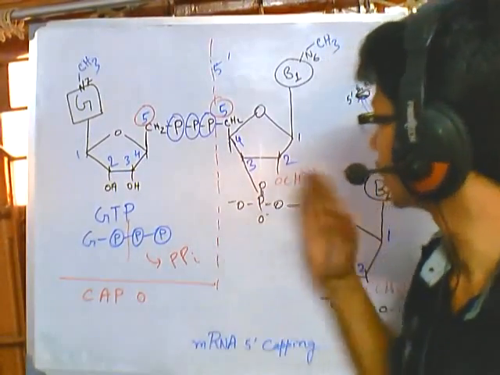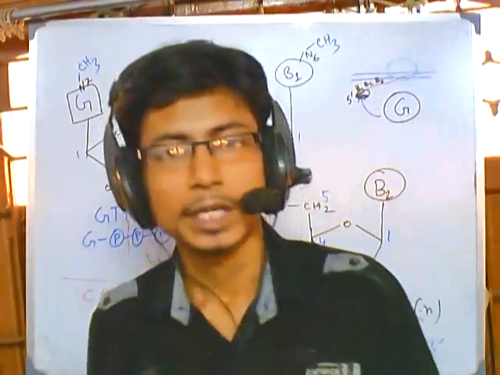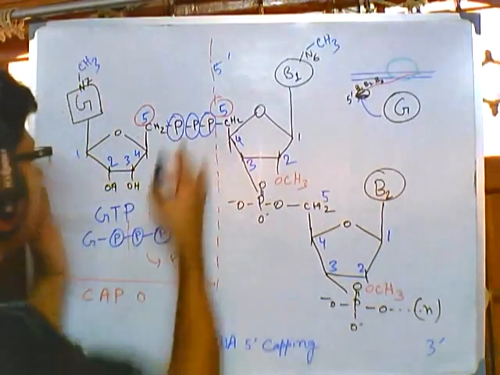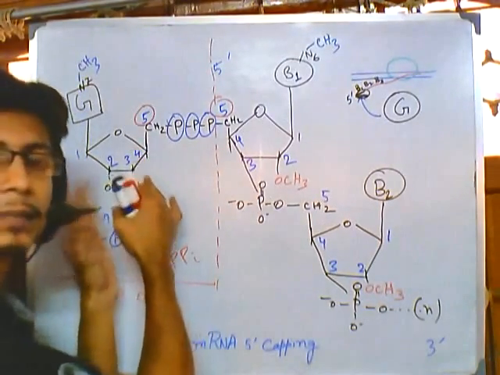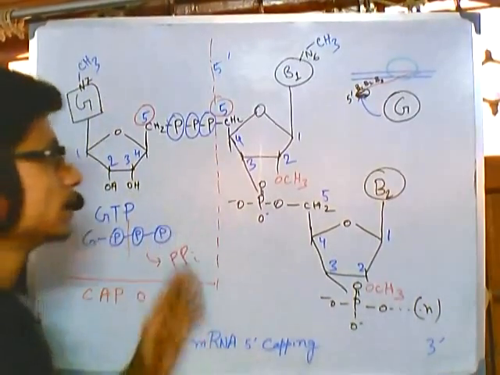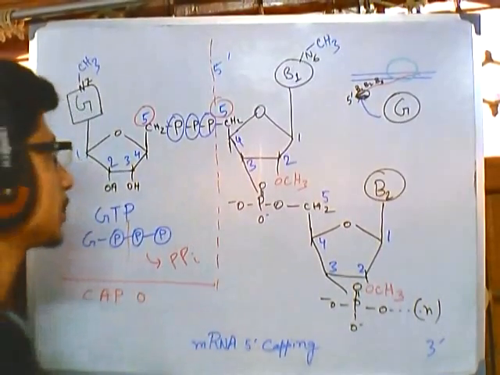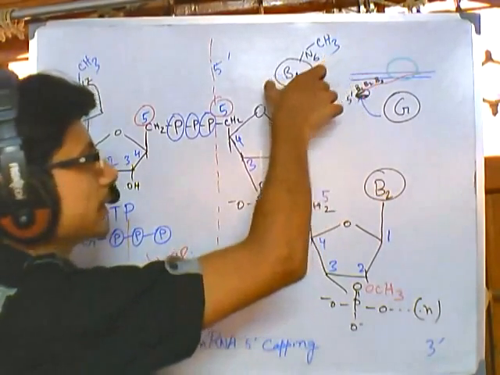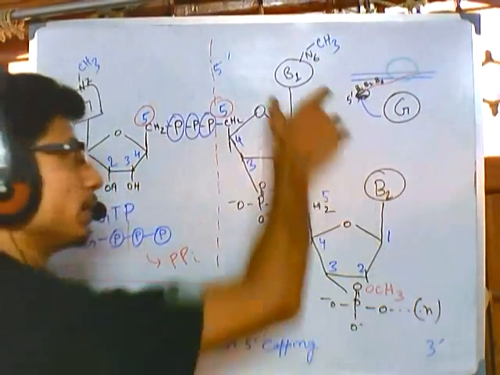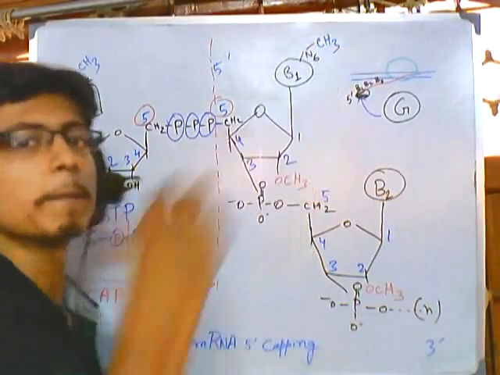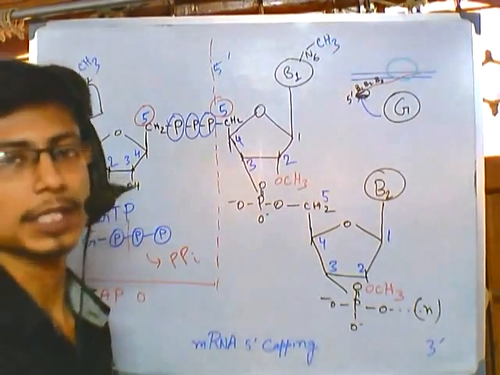Now let's consider further modifications. Remember, this is the characteristic capping, and this must be present in any kind of capping, but along with this we can have further modifications. For example, the very first base that we can find, the N6 position of this base, may be methylated sometimes in some species.